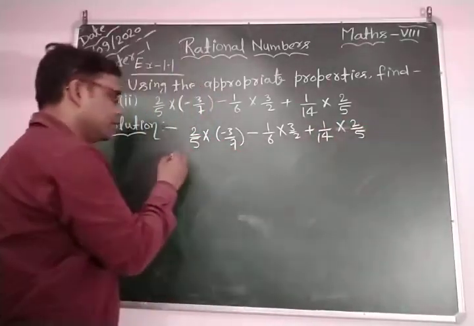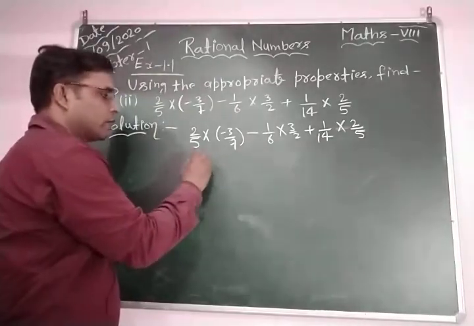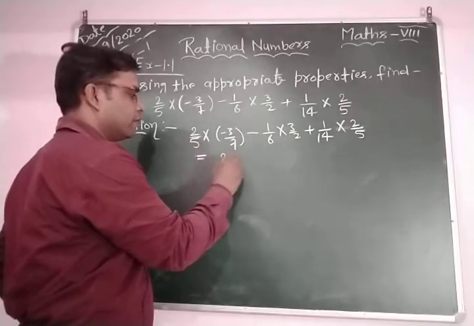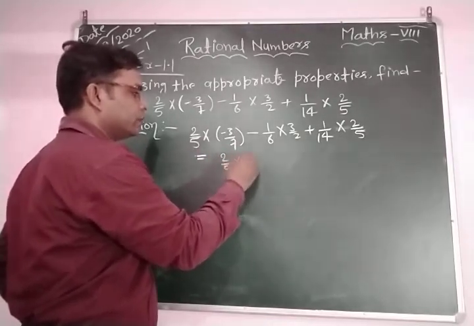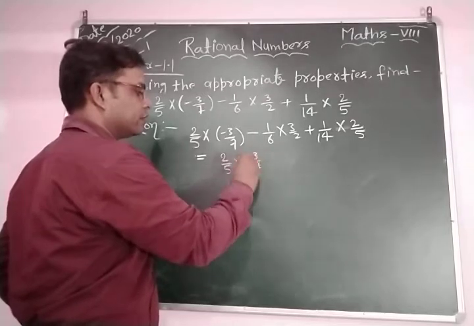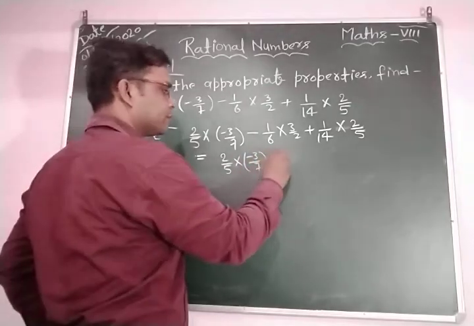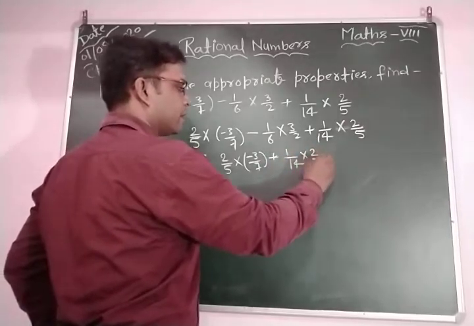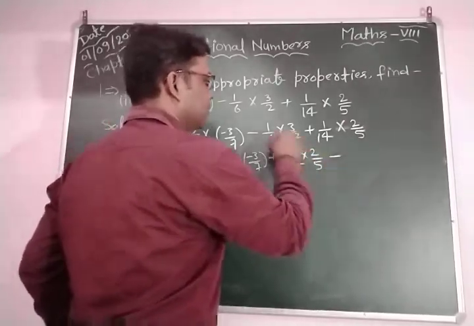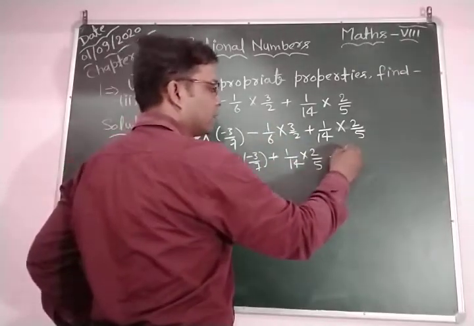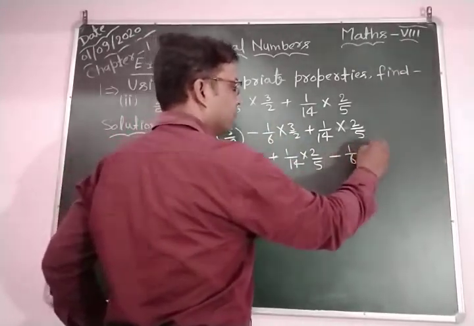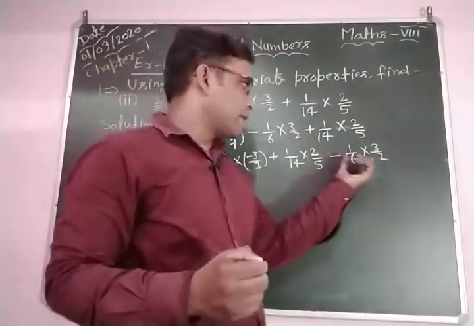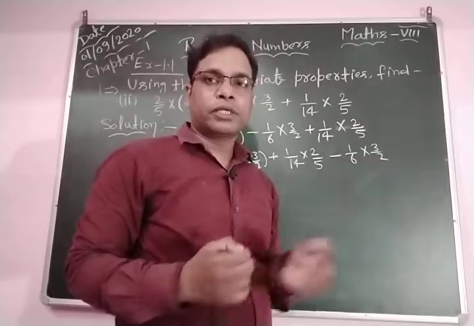Okay, when we use the commutative property of addition, we can write it as 2 by 5 into minus 3 by 7 plus 1 by 14 into 2 by 5, minus these terms we write next, 1 by 6 into 3 by 2, and this is a multiplication of two rational numbers.